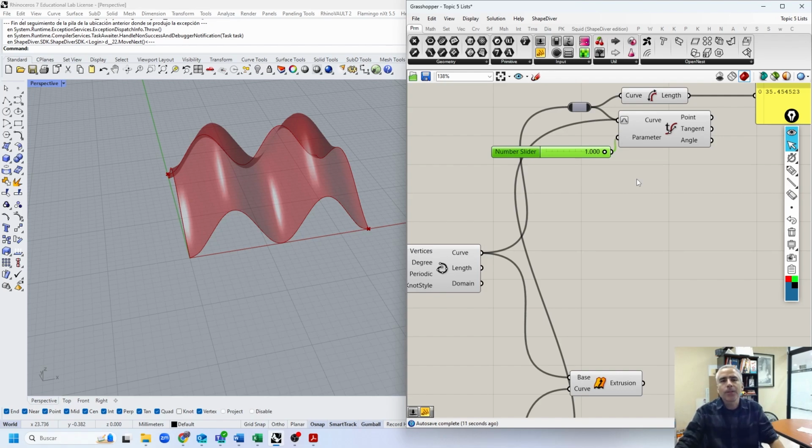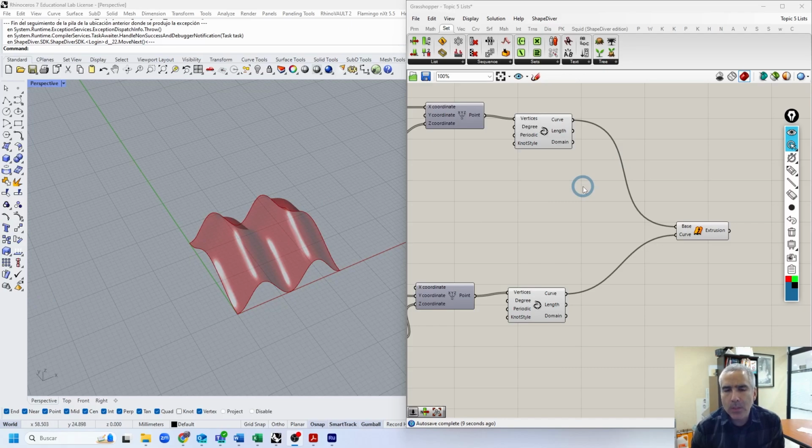So that's what you get from the evaluate curve. That's the curve domain and the curve parameter. Those are the concepts that are important for this part of the video, where we're looking at curve parameters and reparametrizing curves. In the next part of the video, we're going to look at how to use this same concept, but in surfaces.